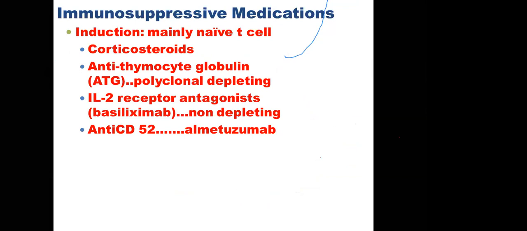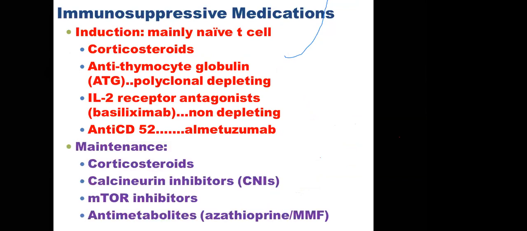The medications used in induction are corticosteroids, ATG, interleukin-2 receptor antagonist, which is basiliximab, and finally anti-CD25, which is alemtuzumab. On the other hand, the maintenance therapy, the drugs to maintain the immunological status, include corticosteroids, CNI, mTORs, and antimetabolites, which are azathioprine and MMF.